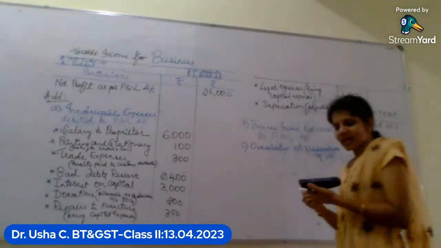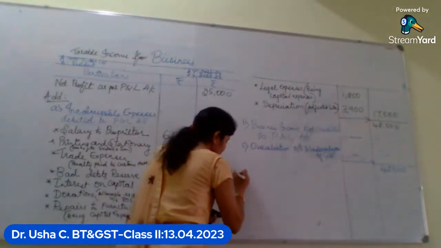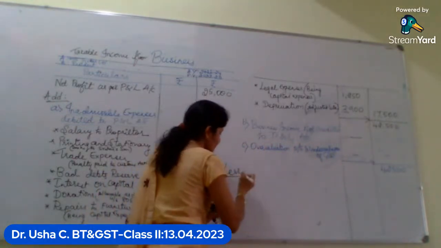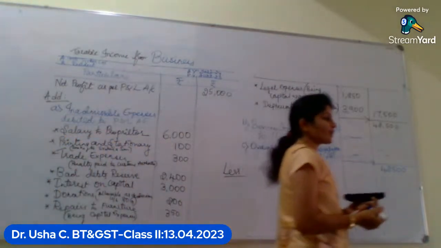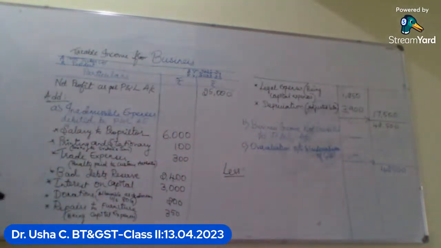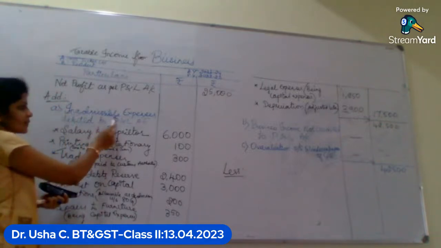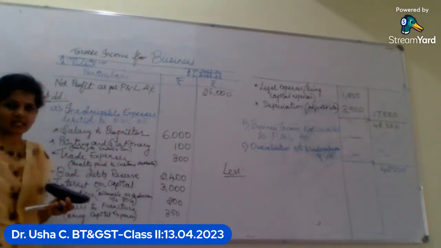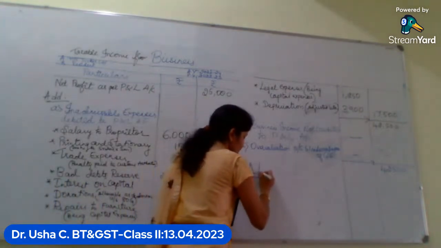And again, there are adjustments relating to the deductions. Now, take this as less. Less what we have to deduct here, as we know, while adding the item we have taken inadmissible expenses debited to profit and loss account. But now what item we have to take?